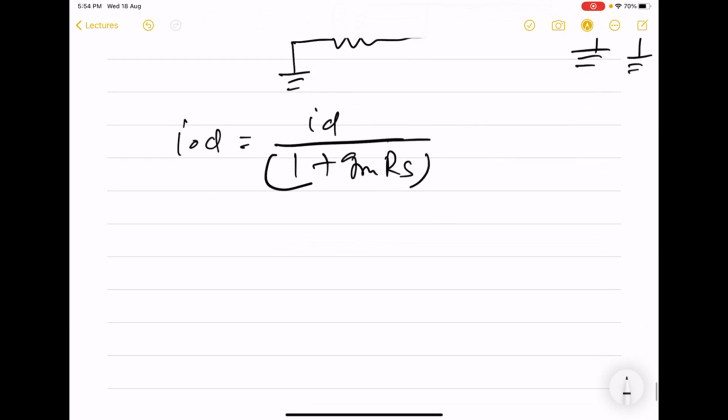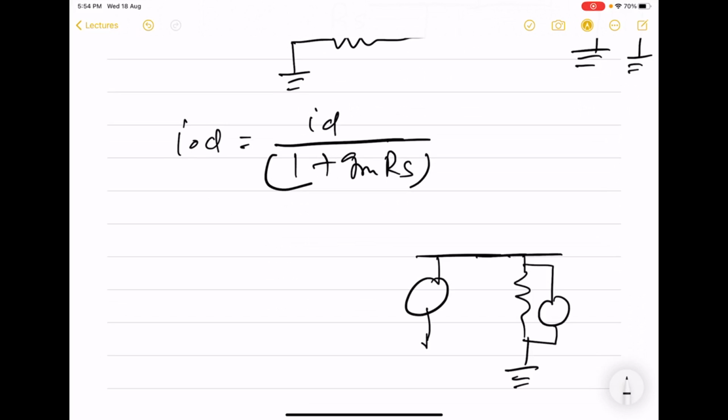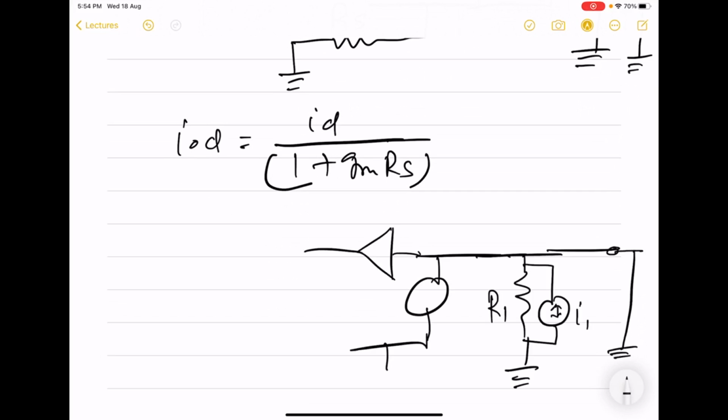Now when we try to find out the noise current due to R1, we find that again both the ends of this source are grounded.